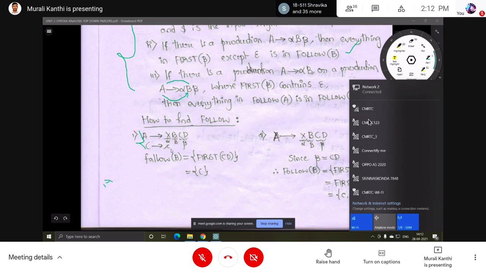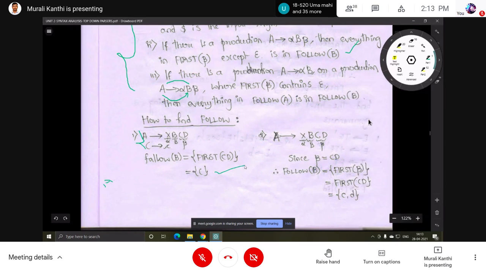Only C has a production, so first of C. What is first of C? C is there, simply c. That is the follow of B. This is one example. Next example.